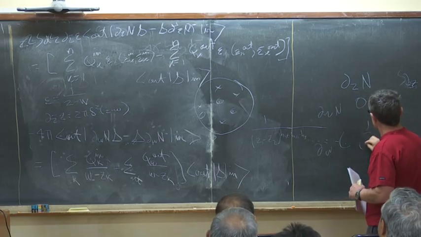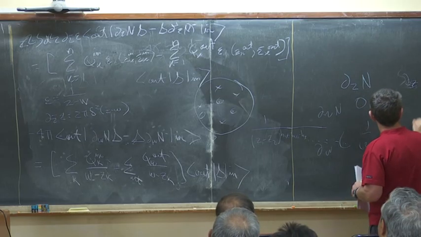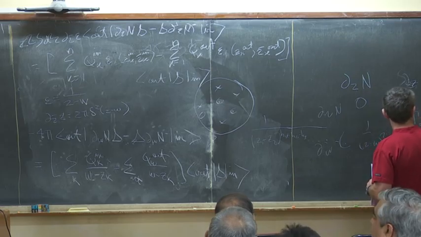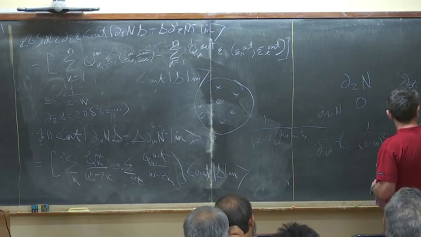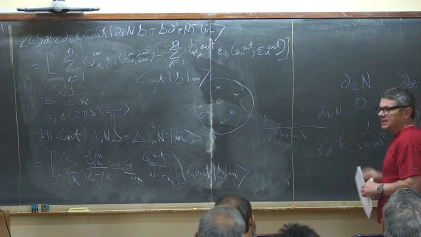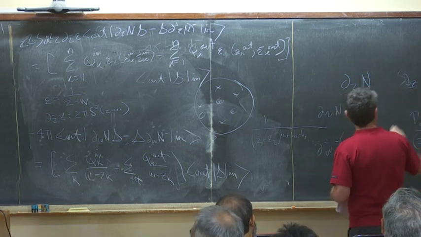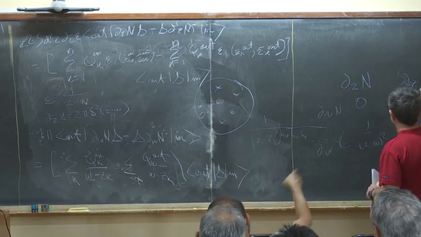We have a 1 over (z minus w) squared here, and then we have a gamma cusp over (z minus w) squared here. That's the matrix? I'm writing the matrix of the OPEs.